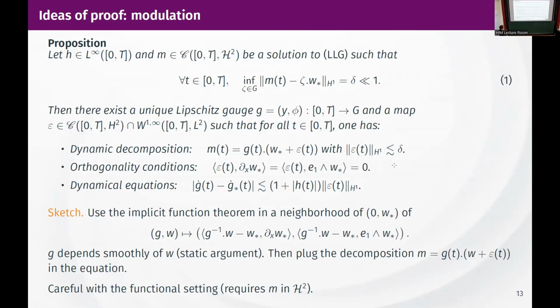But when you want to do it dynamically, then you have to be careful. And this is the difference when you do modulation for the Schrödinger equation, for example, where you can remain at H1 and you say, okay, I do it for a smooth function, then there is no problem, and then I do a limiting argument. If you try and do the same thing for LLG, then well, things behave a bit worse, and actually you need to work in an H2 context. This is not too bad because in the end we will use a limiting argument, but you cannot use the limiting argument at this step.